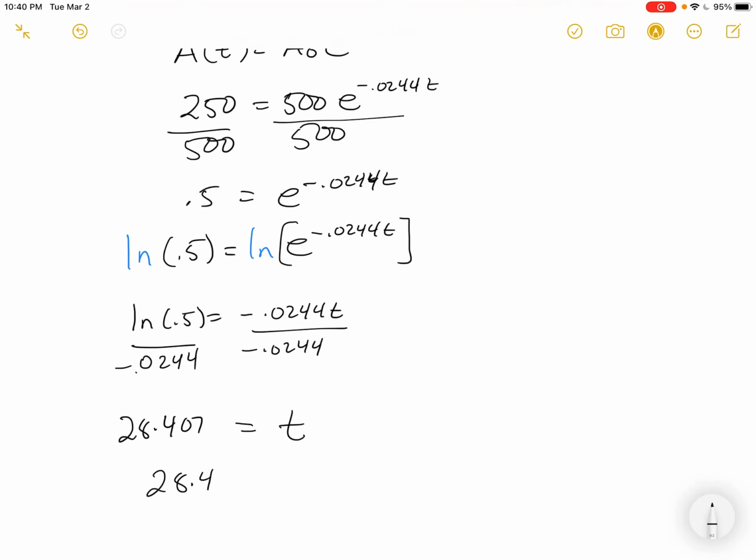And so that's 28.4 years. So every 28.4 years, we have half of what's remaining. So in 28.4 years, when we start with 500, we'll have 250. 28.4 years after that, we'll have 125, and so forth and so on.